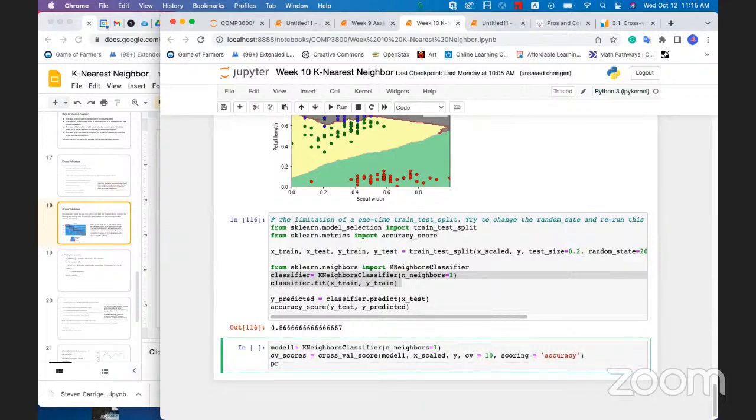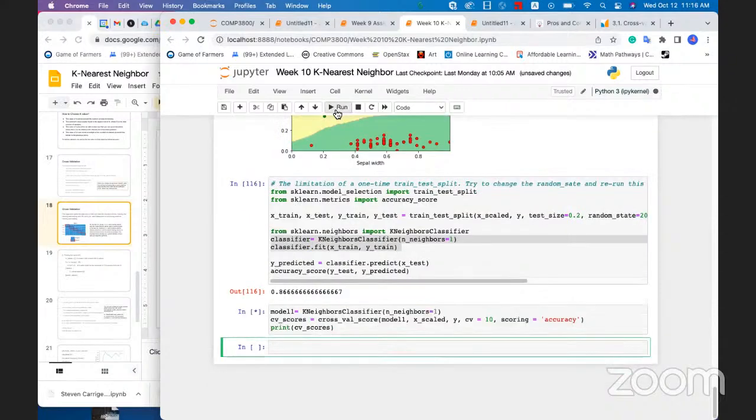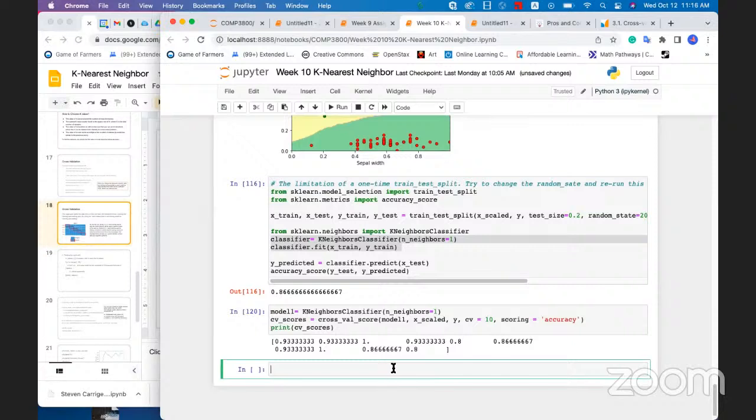If we print it out, let's check. Okay, you see, it gives us 10 accuracy scores. Each accuracy represents one experiment.